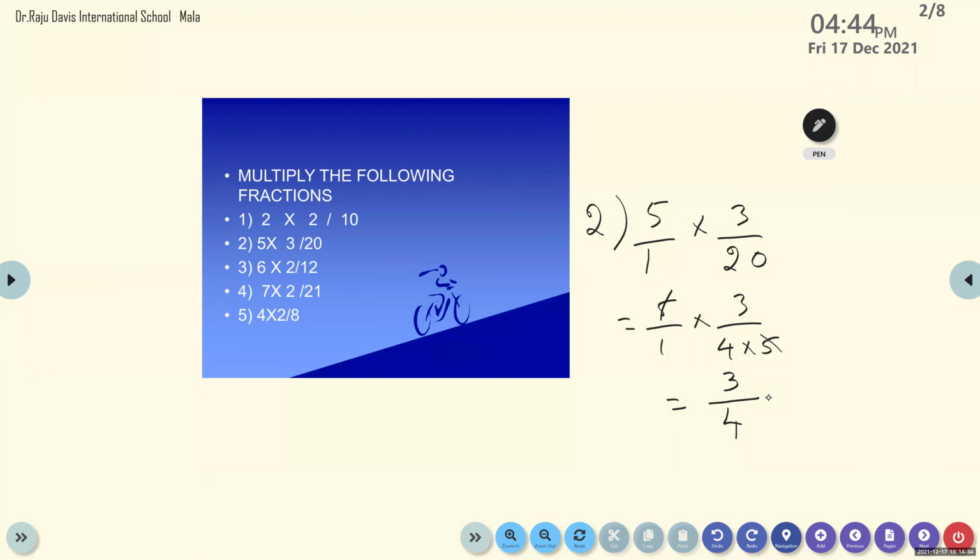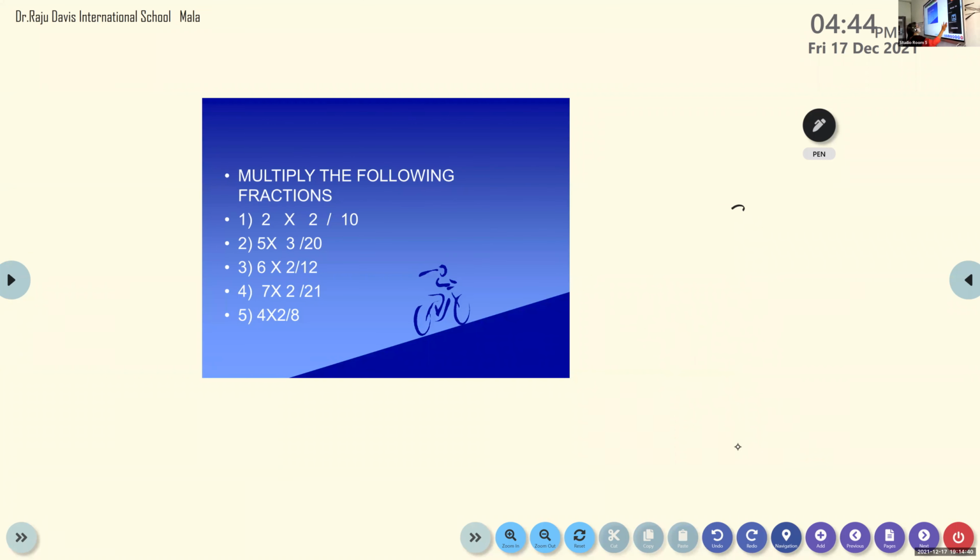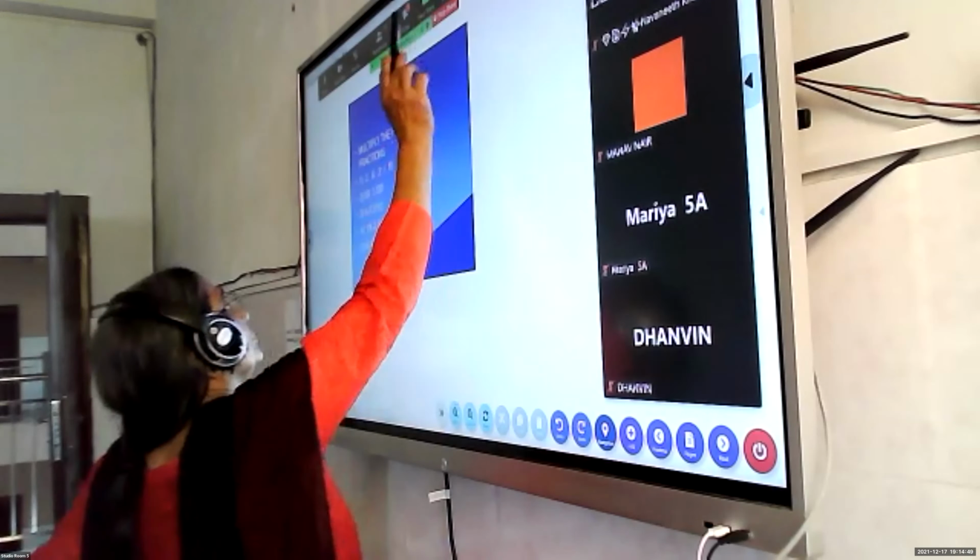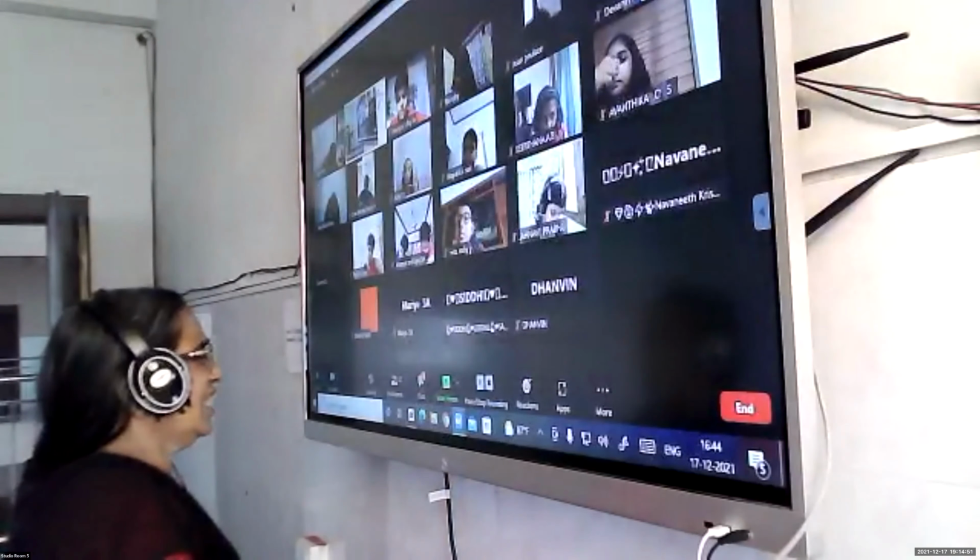Ma'am, for the next one, we can reduce 6 and 12, right? For the third question, we need to do crossing, right? Yes, Siddhi, what is your doubt? Ma'am, in the third question, in 6 and 12, we can reduce it, right?